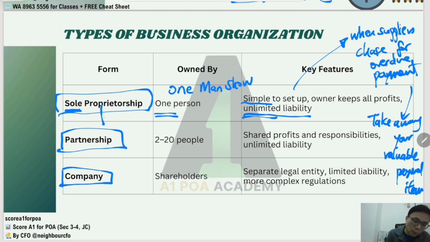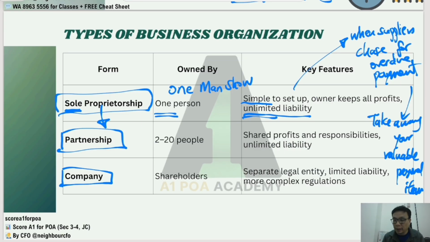Now we imagine if a few sole proprietors decided to come together, right? Just imagine a few sole proprietors coming together. They decided to form a partnership. So at least two, right? Two sole proprietors come together because they believe that collaborating together, leveraging one another's unique skill sets, they will be able to take the business up to the next level.